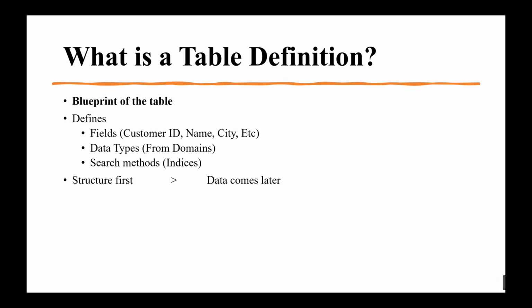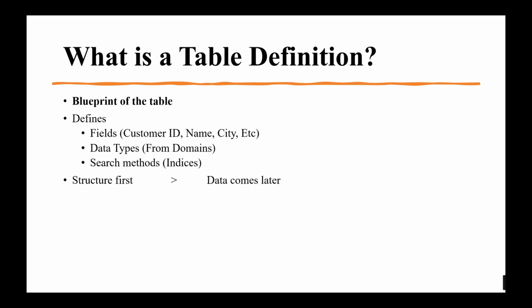It tells LN what fields the table has, for example customer ID, customer name, city, and what data type each field should have, whether it's a number, text, or date. This comes from the domains which we already discussed in the last video.